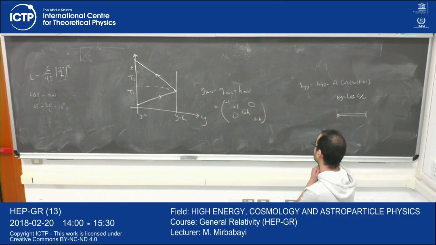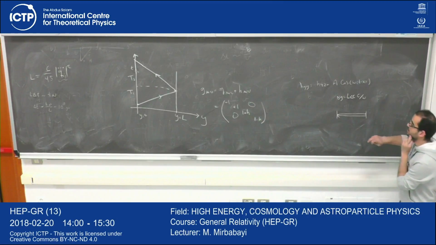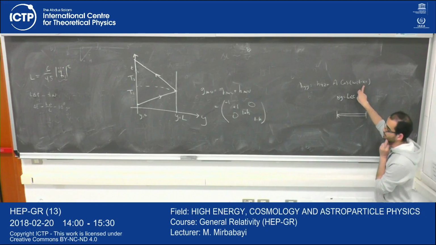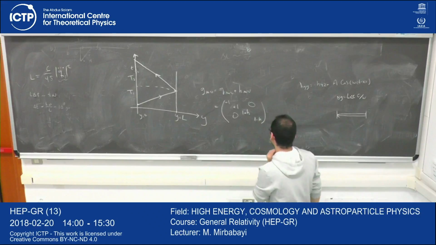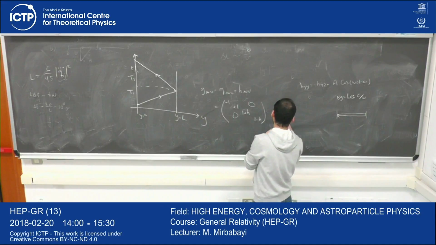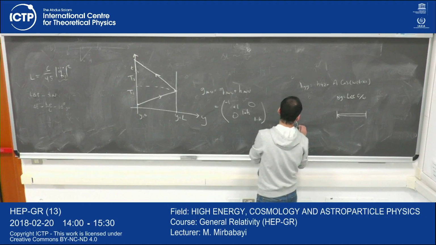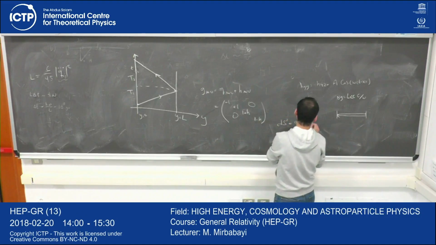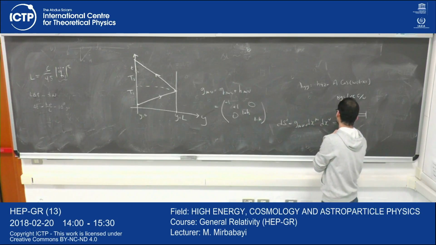So we have here, what was confusing for me, this X. I'll use ds squared, which is equal to g_mu_nu dx^mu dx^nu, which for the photon essentially equals 0.